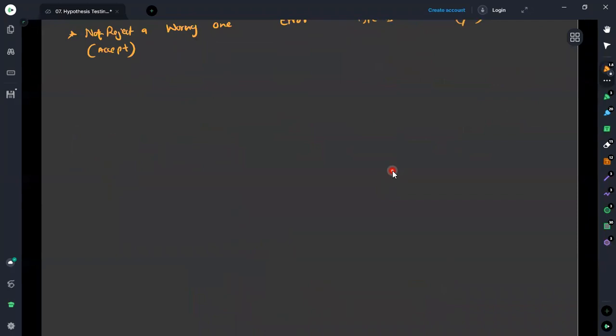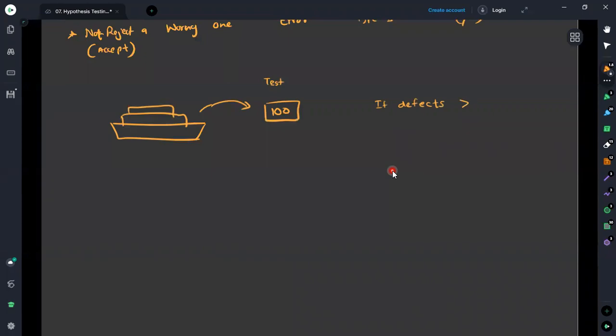Suppose that you are getting a shipment. In this shipment, you may have a set of items that we are receiving. Among this shipment, what we are doing is selecting 100 items. It is the company policy. According to the company policy, they have to test 100 items, and the policy is: if defects are greater than 5, that is, if we have observed more than 5 defects among these 100, then we have to reject the entire shipment.